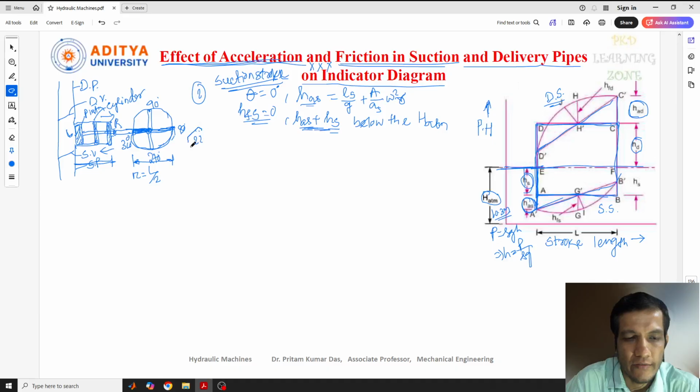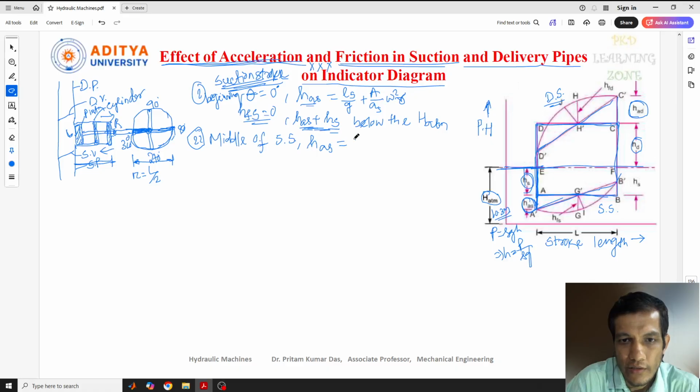Now this is the first condition. Now the second condition, same at the suction stroke, let me write, this is the beginning of suction stroke, and next, the second condition, at the middle of suction stroke. So what will be at the middle of the suction stroke? At that time our HAS will be 0.